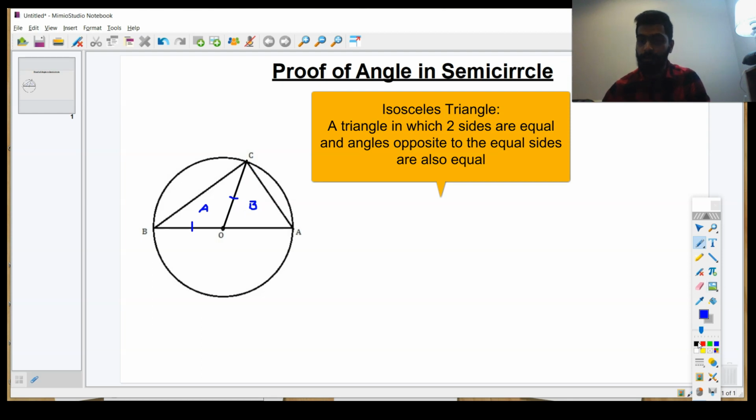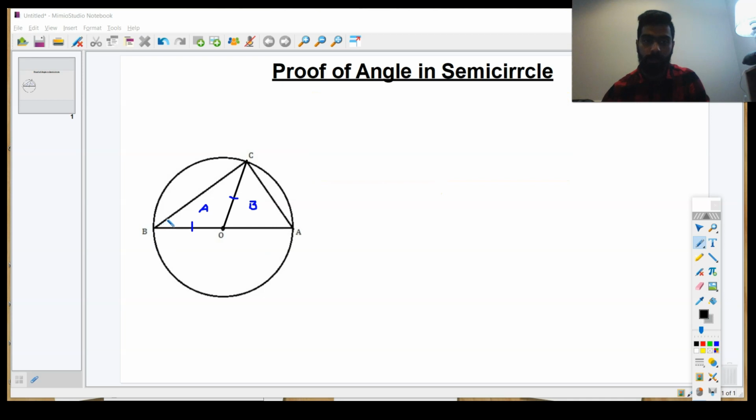So it is fair to say that these two angles here would also be equal. Let's say I call this X and this will also be X. So in triangle B here, we have two angles which are equal due to the radius.